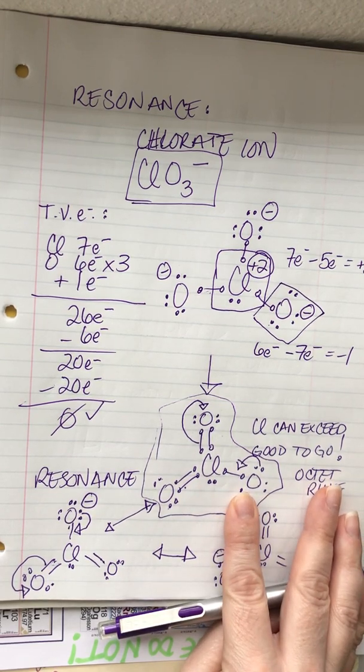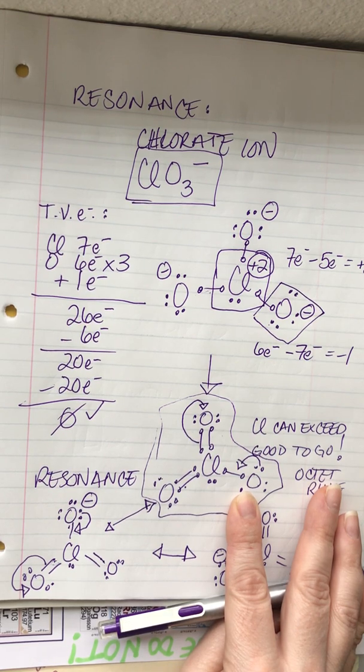Does that make sense? So that could be a possible question. How many bonding electrons are used in the chlorate structure? We said there's 10.